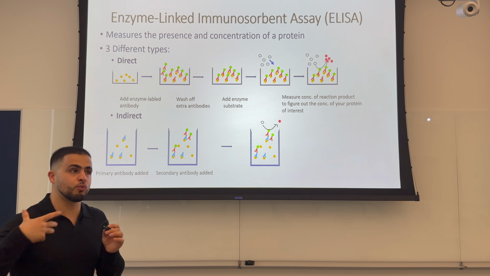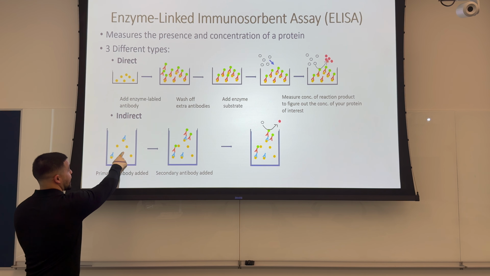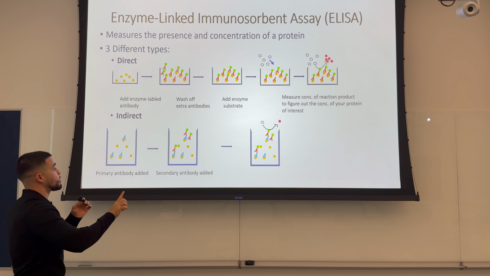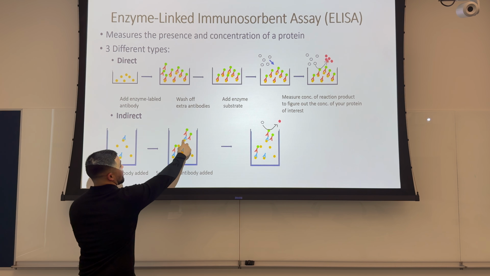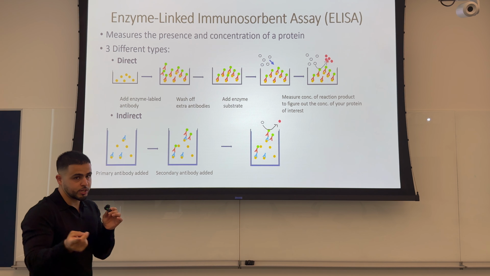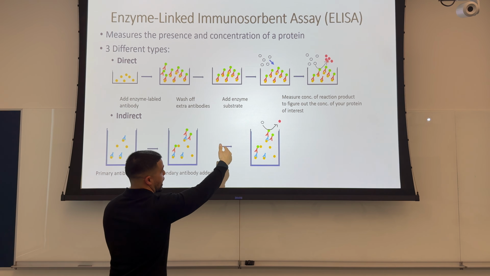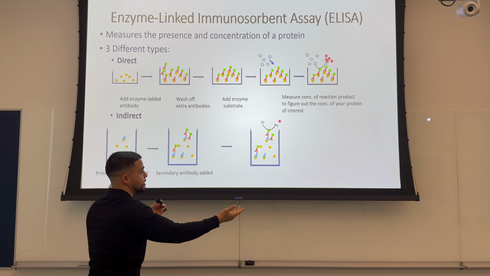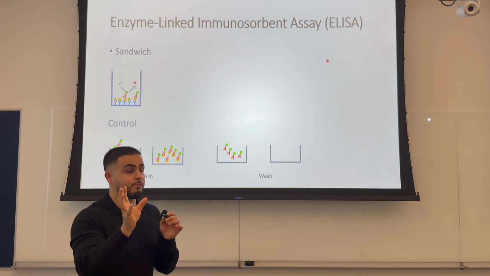Indirect ELISA just adds one extra step. So you'll see here, first we have this first antibody, which is not labeled with the enzyme, and that's what we call the primary antibody. And then you add the secondary antibody, which is going to bind to the primary antibody in a 1-to-1 ratio. And then based on the concentration of the product over there, you can determine the concentration of your protein. Next, we have the sandwich form of ELISA.